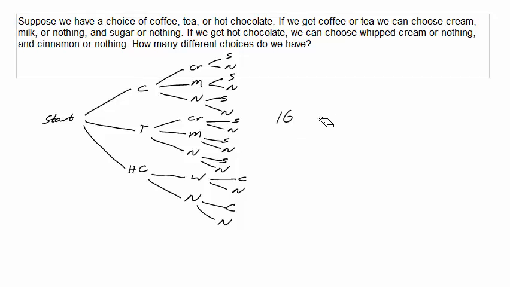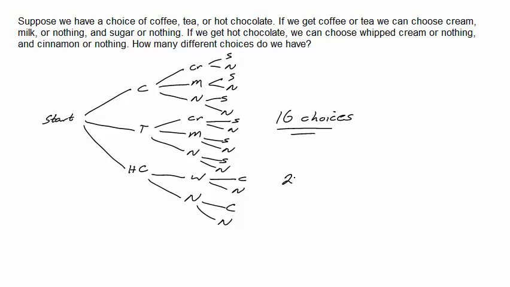So 16 different choices. Now the other way that we could have gotten to that 16 would be to take our coffee and tea, so I have two choices there, times, so we're going to look at the number of ways that we can choose coffee or tea, and then we're going to multiply that by 3, the number of cream, milk, or nothing choices there, multiply that then by 2, and we end up with 12 from that.